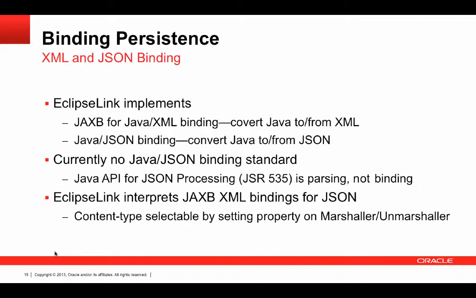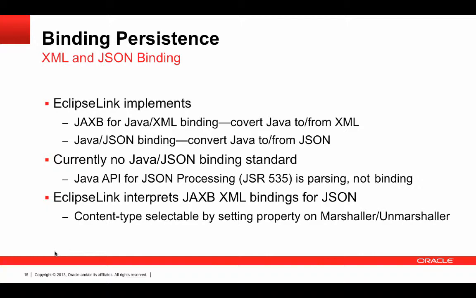So within the EclipseLink project, we've then extended this to start dealing with JSON. Obviously, as a very popular format for dealing with RESTful web applications, JSON binding became very important to us. So what we've done here is we've taken the JAXB implementation within EclipseLink and extended it to also support JSON.